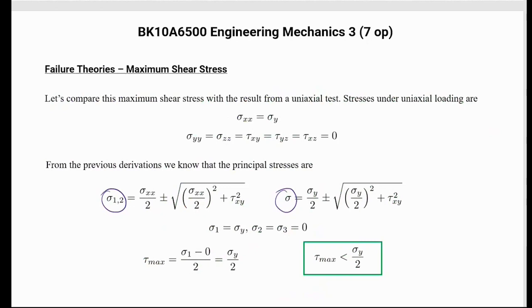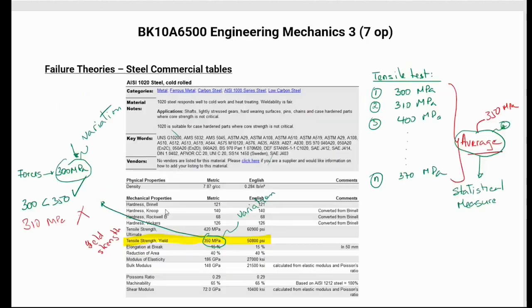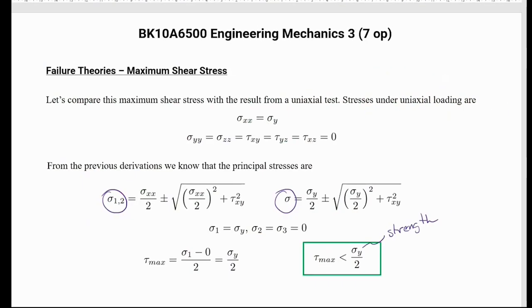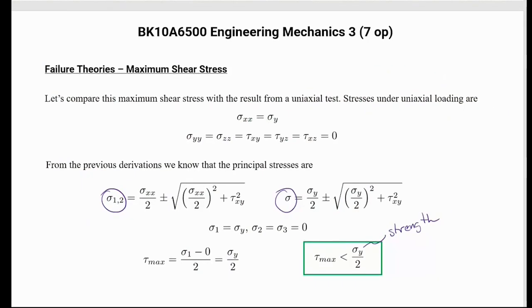But in the end, if this sigma y is the strength of the material, which is represented by this one here, then what I need to make sure under the Tresca or maximum shear stress criterion is that the yield divided by 2 is not less than the maximum shear stress in your point. That's it. That's all it says.